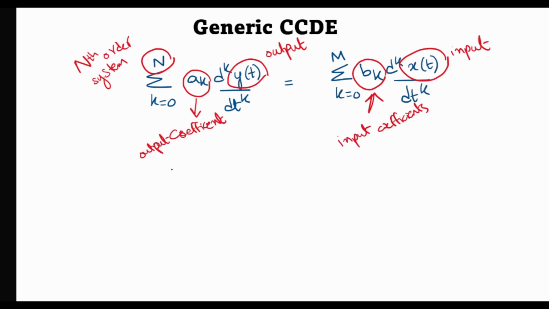So for example, if I put n equal to 0 in this equation, there will be no differentiation of the output, and I would get a0 y of t. This equation describes a static system or a zero order system.